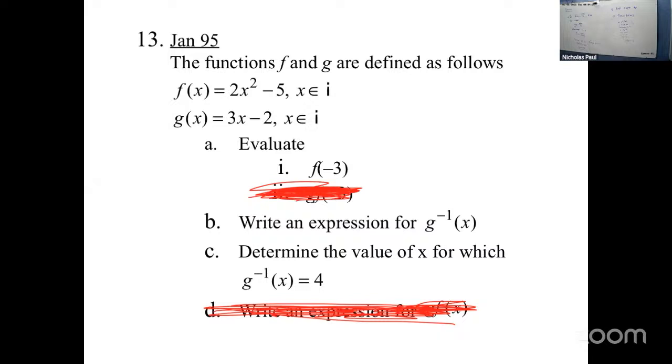Right, you're doing part A, B and C, that's all. Alex, what are you doing?